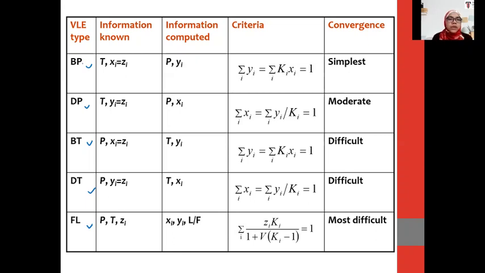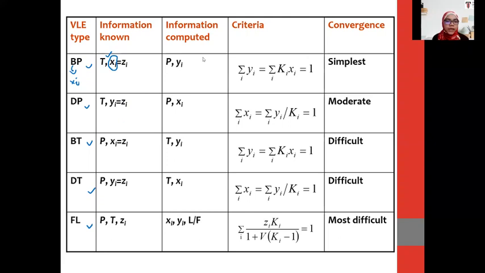So for bubble point or bubble pressure, the information known is the temperature and the x, because bubble means we have the information of x. So for the bubble pressure, we need to find P, and the temperature is given, as well as the composition of the vapor phase.